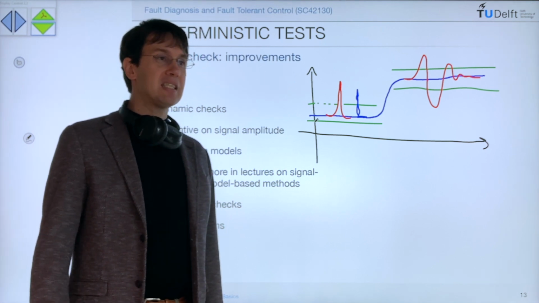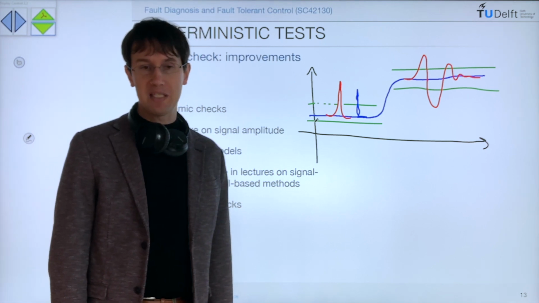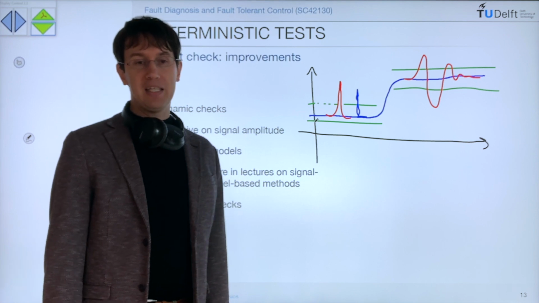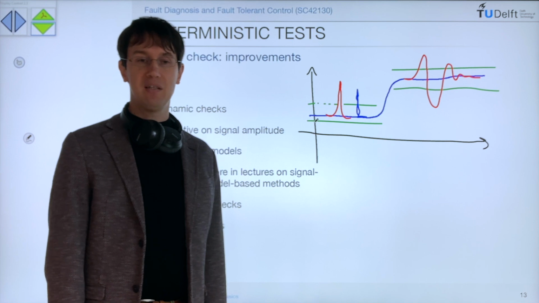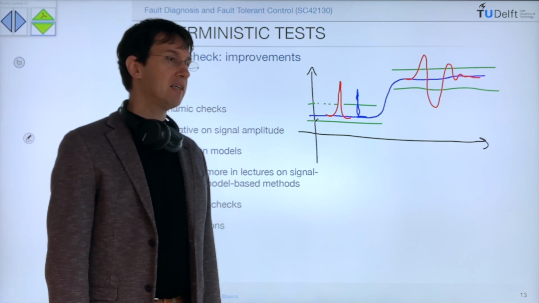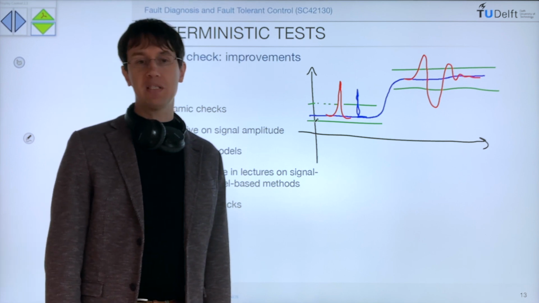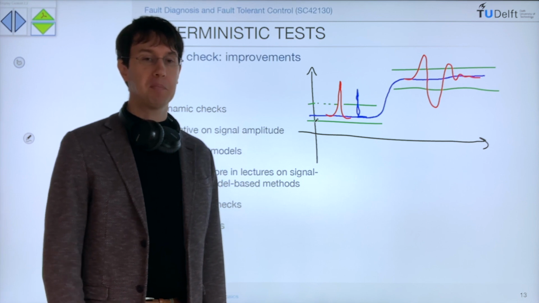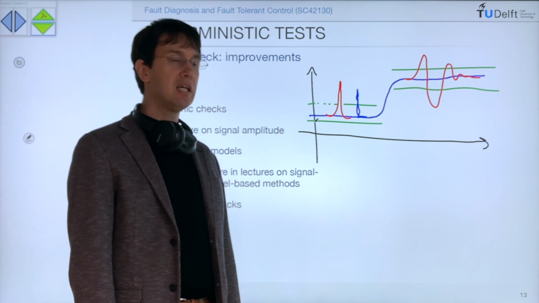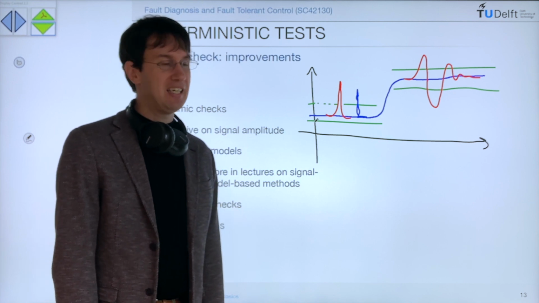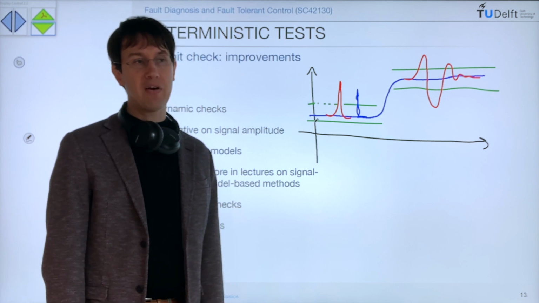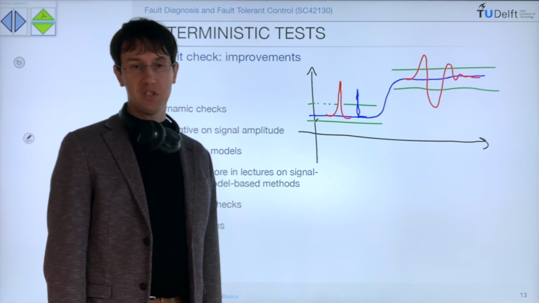So these kinds of disturbances are more likely than a fault. Indeed, measurement noise is always there. Other environmental disturbances like wind, people touching your system when they shouldn't, will always happen. A fault in a normal system that is run properly is a rare condition.